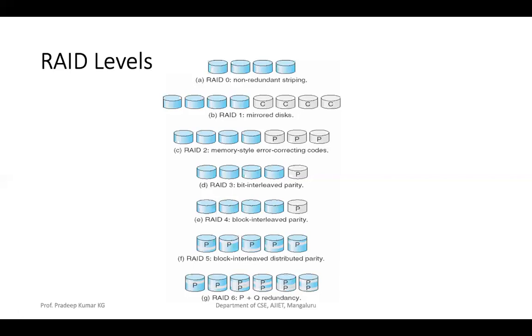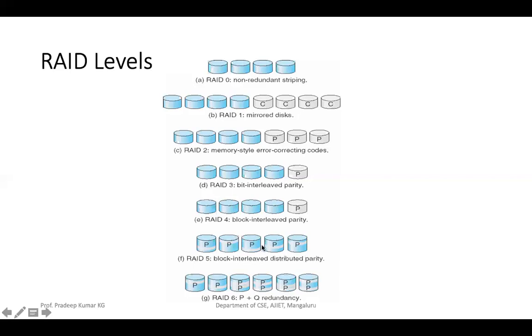So we discussed RAID 0, there is no redundancy, there is no data duplication. RAID 1, there is data duplication, the same number of disks will carry the same amount of data. RAID 2 will have memory style error correcting codes, parity bits are kept separately in a separate disk. RAID 3, interleaved parity.